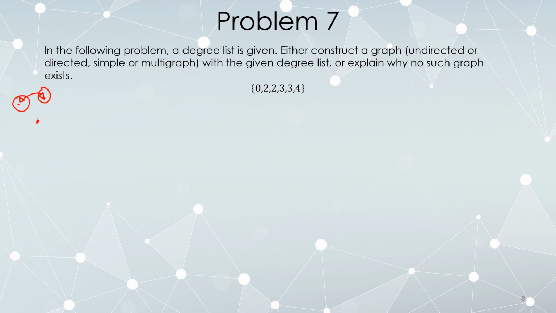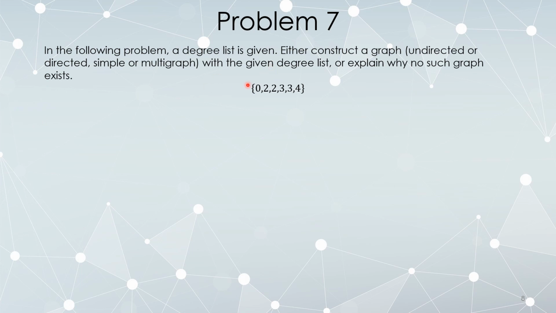Or if you have a single edge and you draw a loop, it contributes 2 because it goes out of and into that vertex. Anytime you draw an edge, it contributes 2 to the degree list, meaning the sum of all of the things in the degree list is achieved by adding all these edges up, but each one contributes 2. If I add up a bunch of 2's, I get an even number. So when you add up all the terms in a degree list, the result has to be even, and that's actually the only thing we need to check.